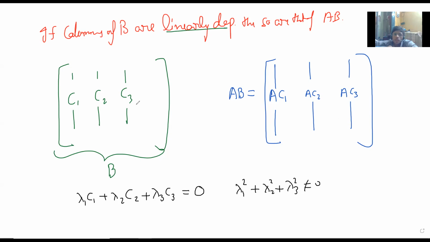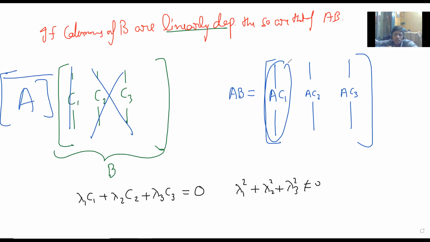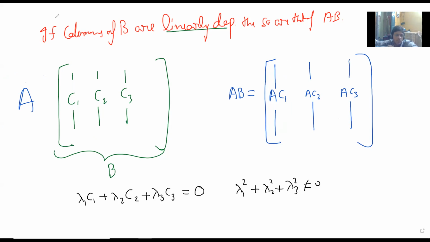Just think, when you're multiplying with A, how do you get the first column? When you compute the first column, you don't use this at all. Even if you take the most computational view, this is A, you do this times this, then you get this cell, second row of the first column, and so on. And then you understand that it is just like taking A and multiplying with C1. That's how you get the first column. You can also see this from the row view, but this is a better direct way to see it.